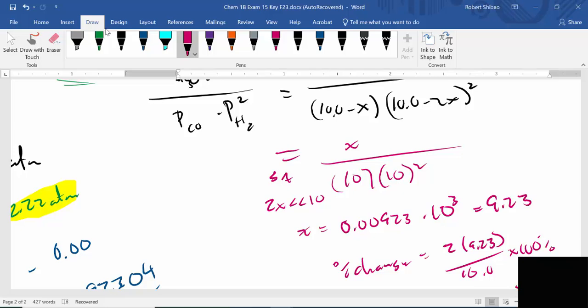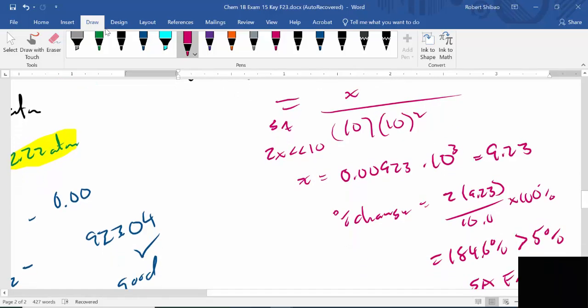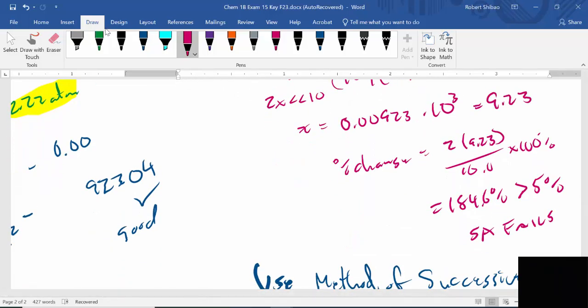But anyway, the percent change is going to be the change, 2x, over the initial 10, times 100. It gives us 185% change. 185% change is too big. And so the assumption fails.